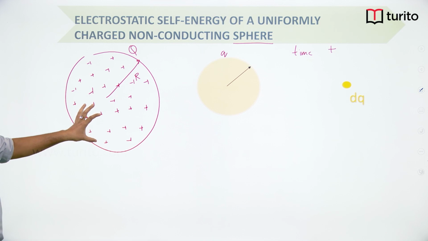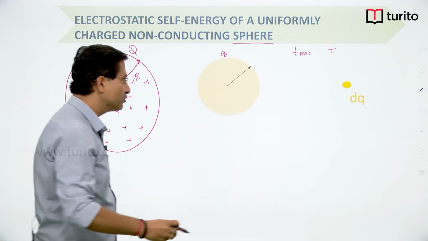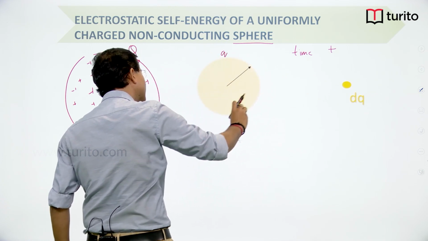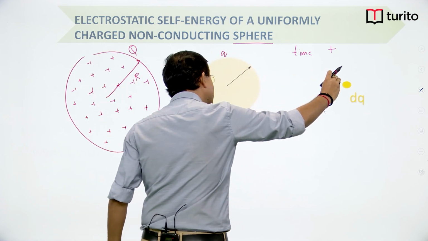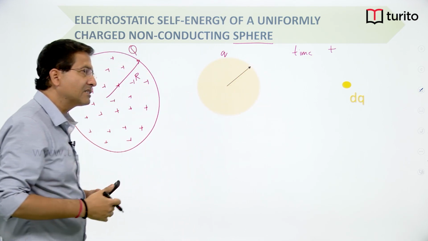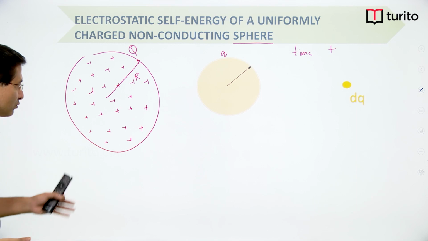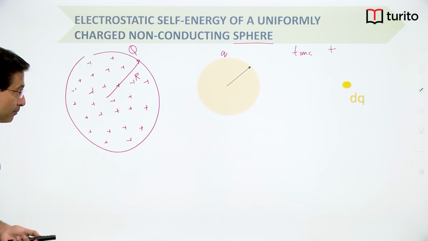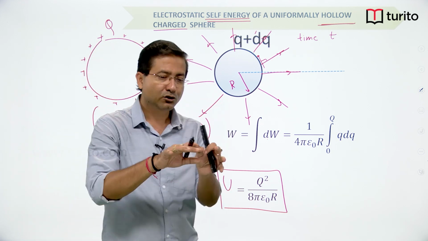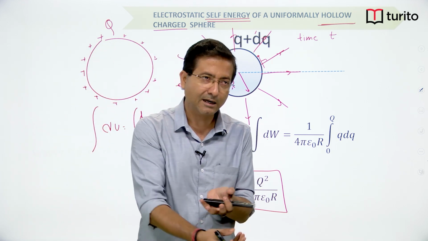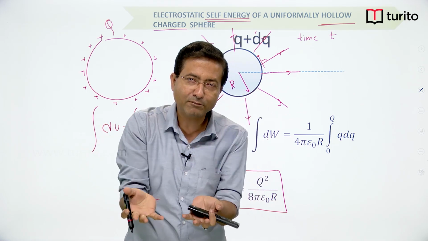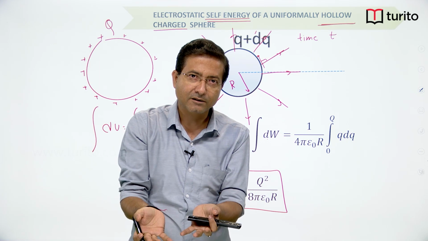So, to achieve this, I am bringing dq charge and placing it over the surface, and this dq charge is placed on the surface in such a way that the density remains the same throughout. In the previous case, visualize this situation: you have already placed some charged particles and you are bringing extra charge and placing it on the surface, so every time you are increasing the surface charge density.